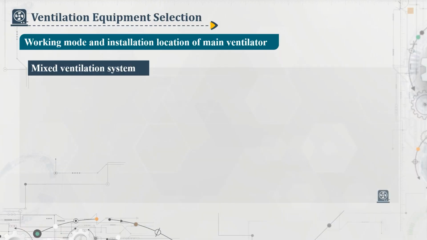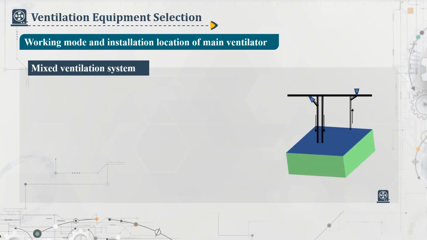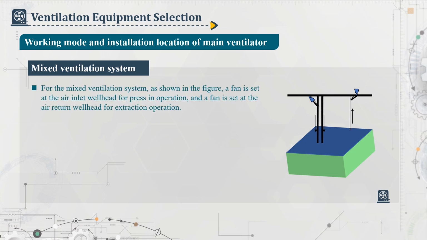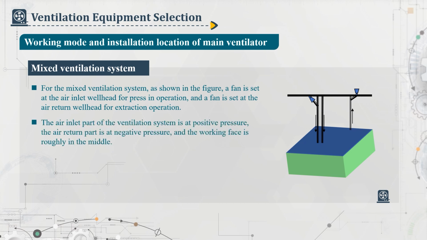For the mixed ventilation system, as shown in the figure, a fan is set at the air inlet wellhead for press-in operation, and a fan is set at the air return wellhead for extraction operation. The air inlet part of the ventilation system is at positive pressure.